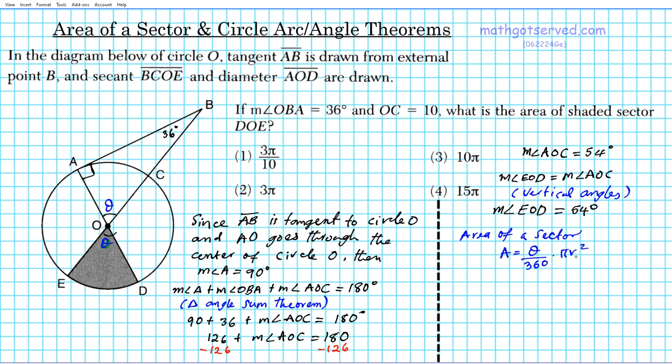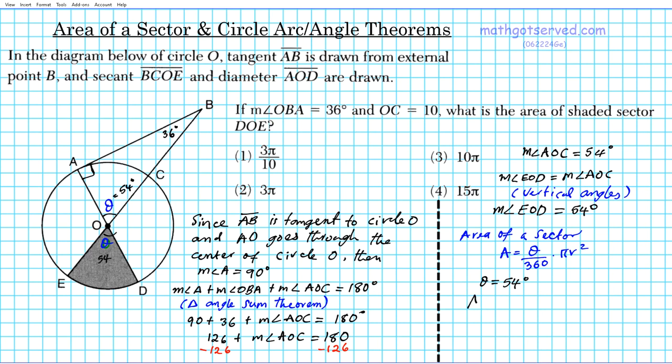You're just taking the area of a circle and multiplying it by the ratio using that angle. In this particular situation, we know that theta is 54 degrees, because this is 54 right here, and it's vertical angles with this one, so this is also 54.